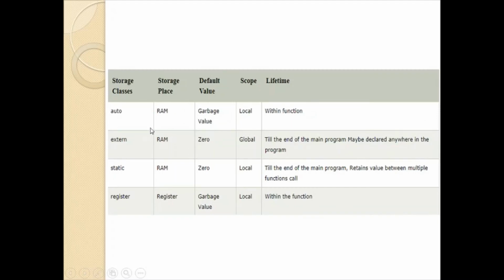Here you have a summary of all the storage classes. The first storage class is automatic. We define it with the keyword auto. All automatic variables are stored in RAM, that is primary memory, the default value is a garbage value, the scope is local to the function where you have defined it, and the lifetime is within that function. Next, the external class.